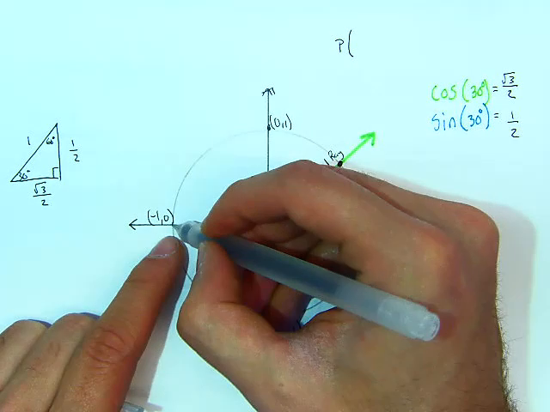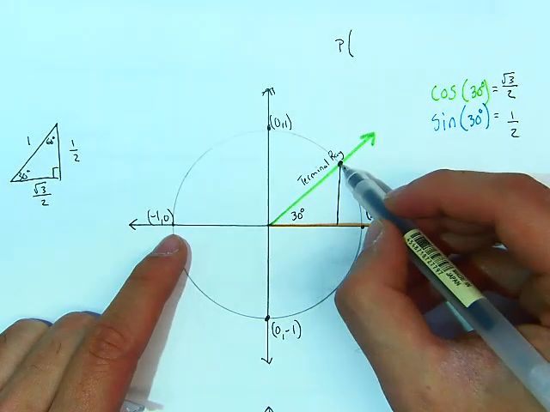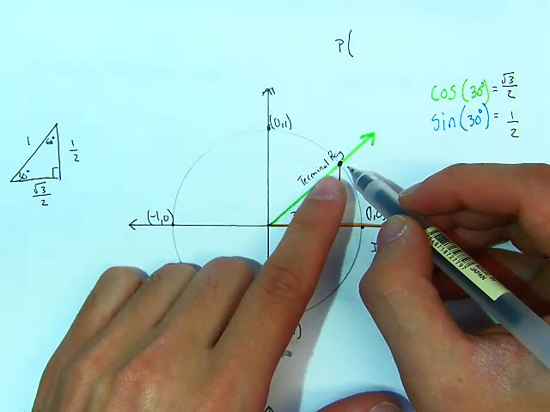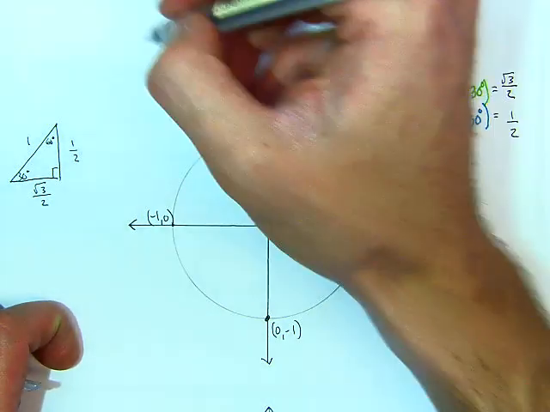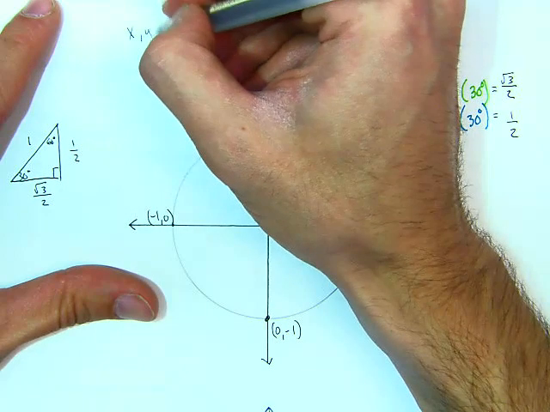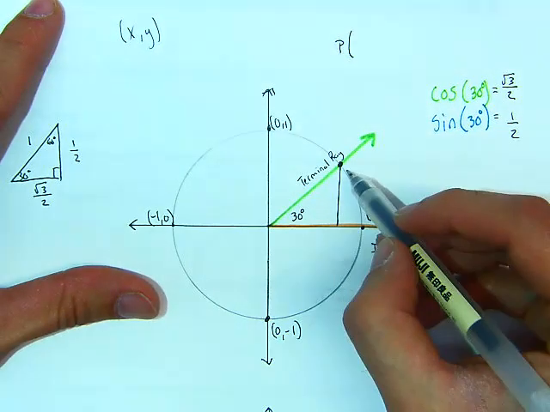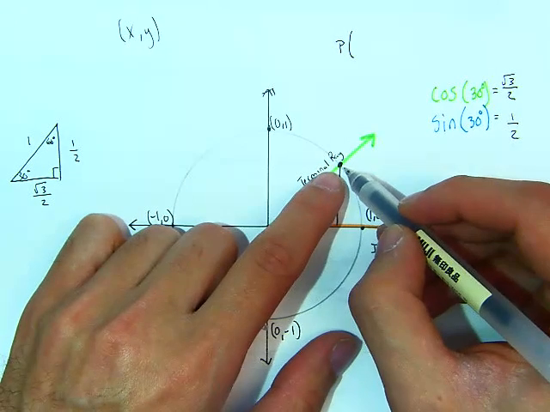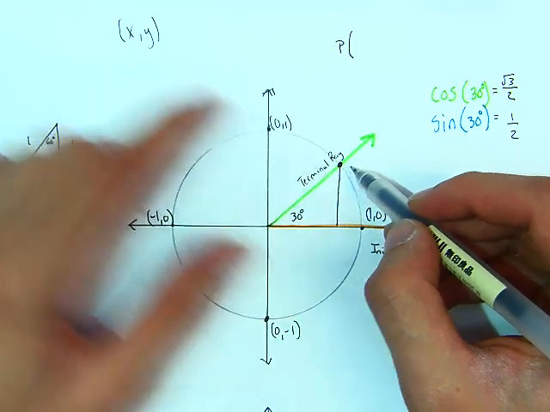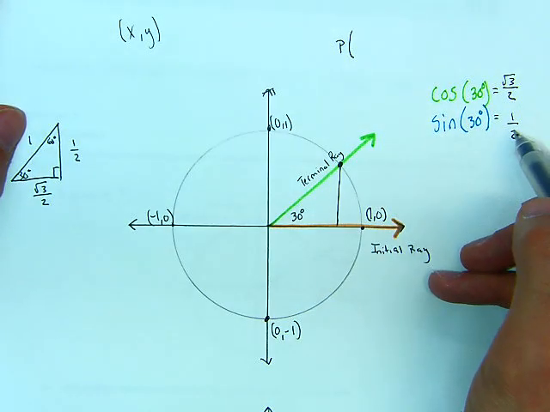We know where these points are. For this point, the x value is the 1 and the y value is 0. We know what this point is on the unit circle.